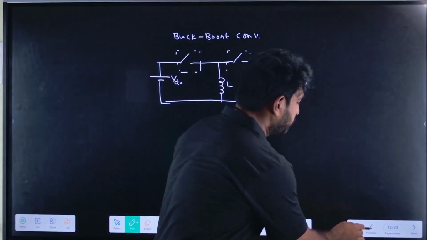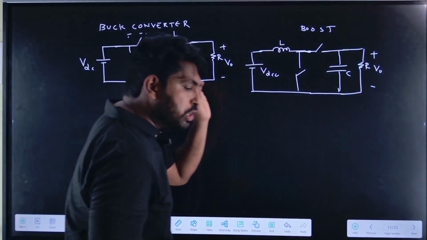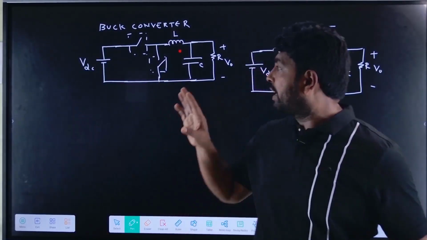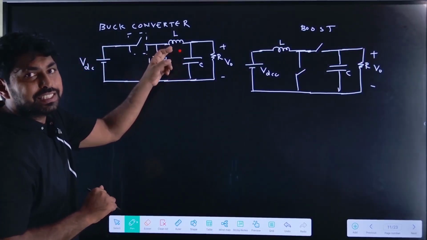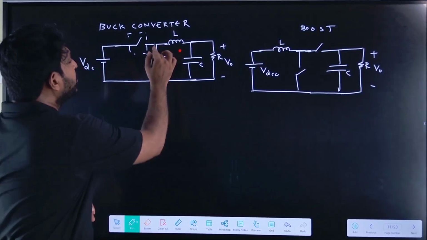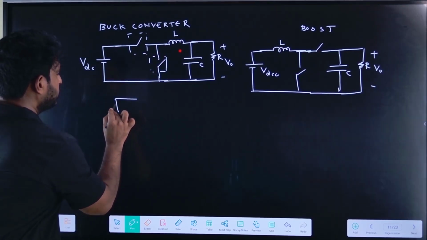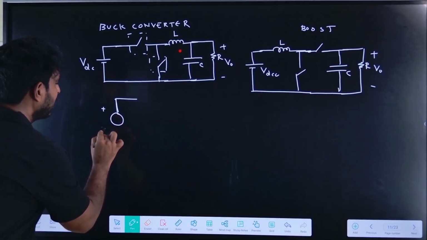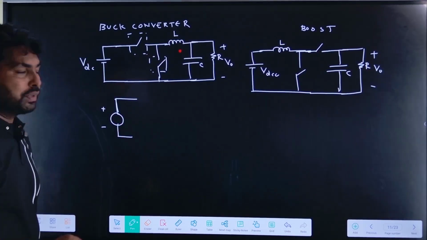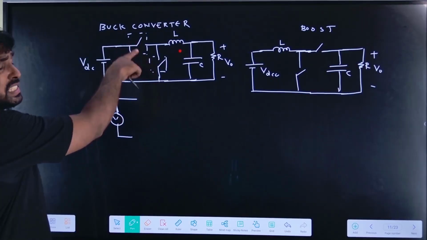Now let us see. We can also define the buck converter like this. What is the buck converter? The inductor is connected on the load side. So it is a voltage source VDC, let me call this V, and the switch is here.